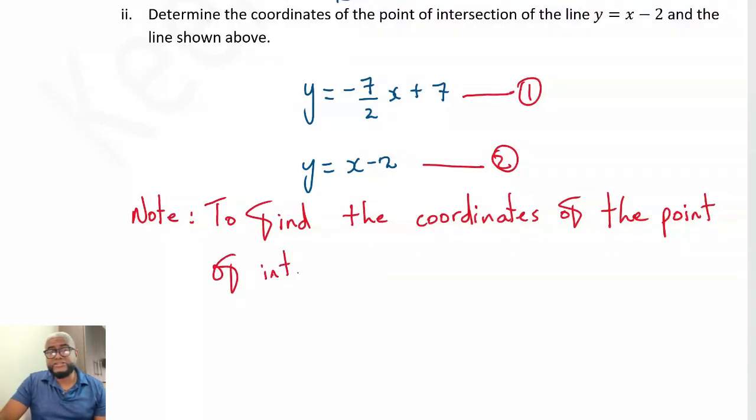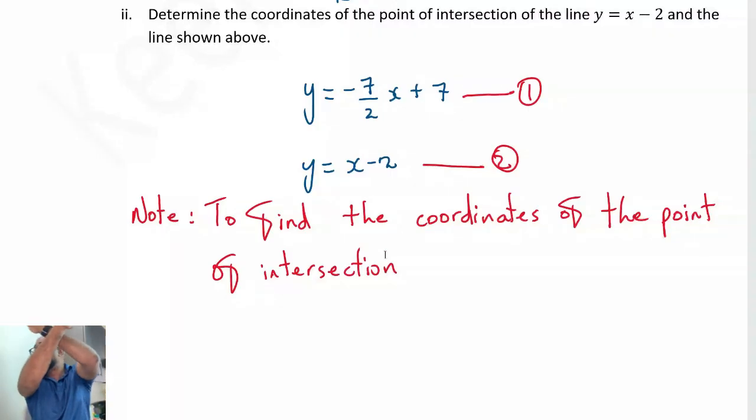of intersection. Now, does everyone know what the word intersection means? The crossing, right? Intersection means crossing. Everybody good there? Right. The crossing. So to find the coordinates of the point where they are crossing, I put crossing in brackets here.